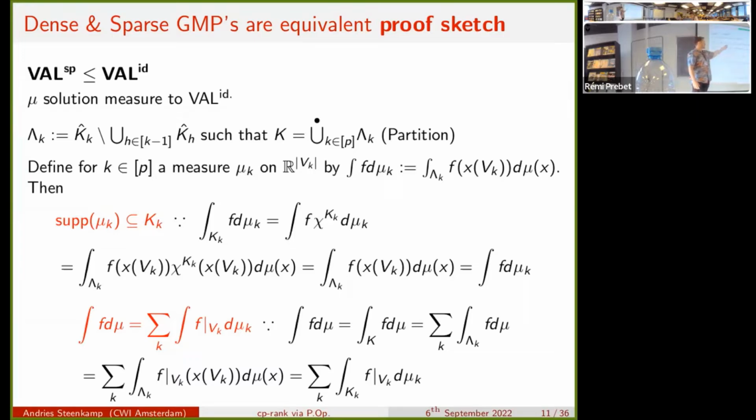So you just cleverly delete the overlap, and you end up with these sets lambda K. Now, having these lambda Ks, we use them to define our measures mu K. Mu K is defined to be our original measure mu restricted to the appropriate partition, and then we have to account for the support of the function, because this function now has only VK many variables, so you have to pad it with zeros appropriately to have a polynomial in R^n.